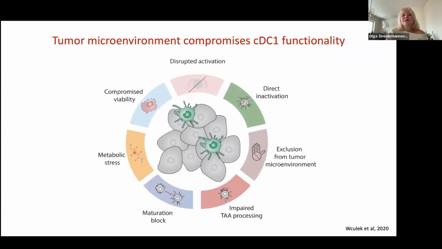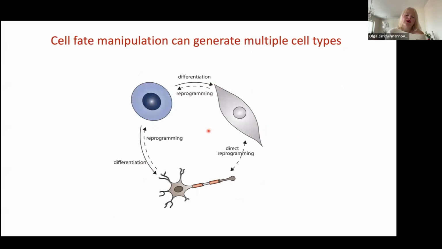But as you can expect, this population is very rare, and especially in the context of cancer patients, cDC1 cells are frequently functionally compromised or excluded from the tumor microenvironment. However, due to modern science advances, we now have different ways to generate de novo even very rare cell subtypes. Already for quite some time, we know that the identity of cells is not irreversible, and basically every cell in our body can be changed.